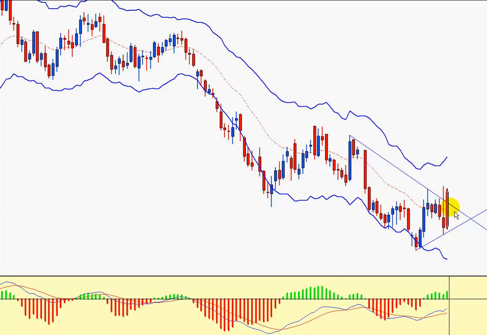But remember that by putting your stop here, you have a greater chance of getting stopped out. And another thing is, notice that your line is moving down. That means by using this line, you literally would have to move your stop down each day, which is normally not something you do, moving away from the market.